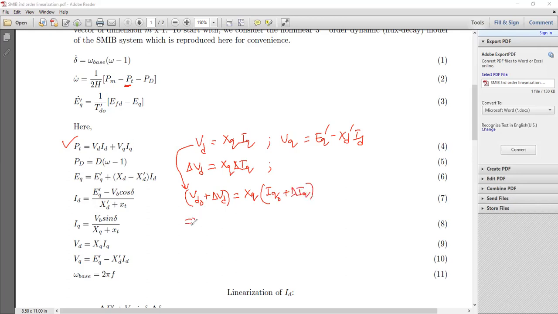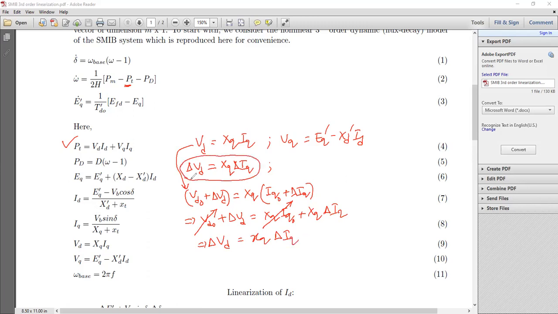Then VD0 plus del VD equals XQ IQ0 plus XQ del IQ. We know that at the operating point, VD0 should be equal to XQ IQ0, isn't it? So what we are left with is simply del VD equals XQ del IQ.